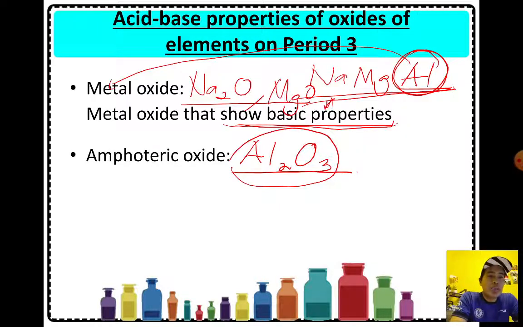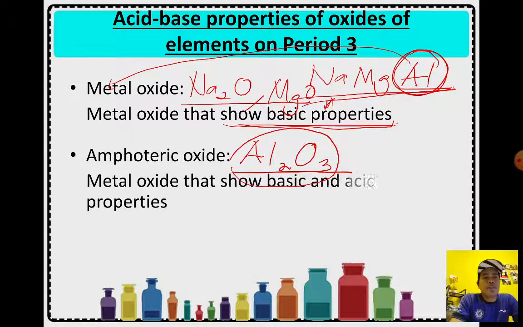Bermaksud dia boleh jadi dua-dua. Kalau ada kehadiran acid, dia akan jadi alkali ataupun dia akan jadi base. Kalau ada kehadiran alkali ataupun base, dia akan jadi acid. So dia ada dua sifat bergantung kepada situasi. So metal oxide can show basic and acidic properties, iaitu satu sajalah disebut aluminium oxide.